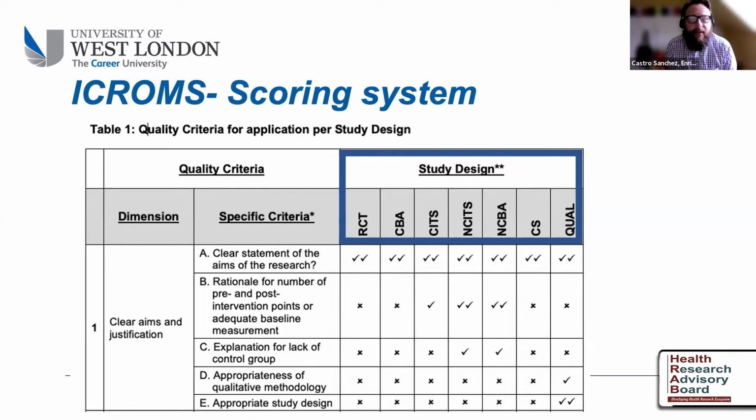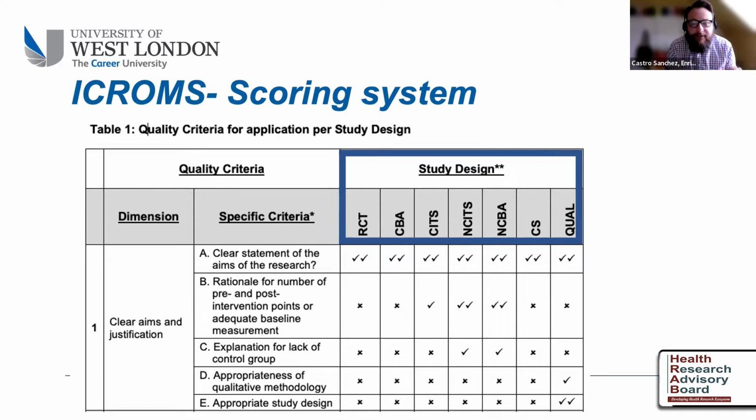And in between, you've got CBA, controlled before and after. And then a couple of columns to the right, you've got NCBA, non-controlled before and after studies. And then you've got controlled interrupted time series and non-controlled interrupted time series, so CITS and NCITS. And you can see how we probably cannot think of typical designs which will not be assessed by these designs.